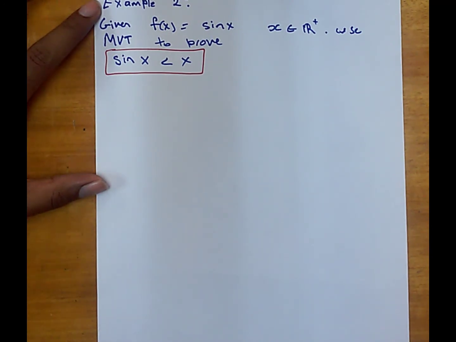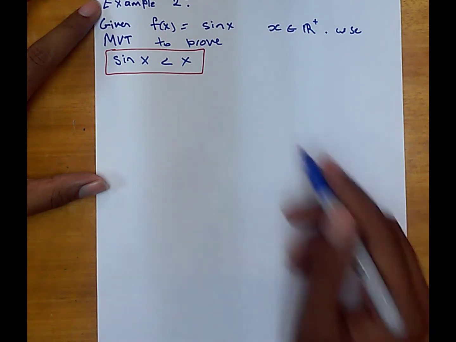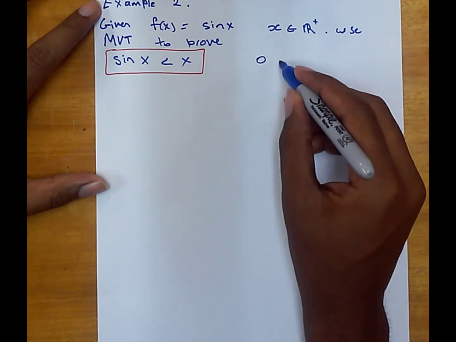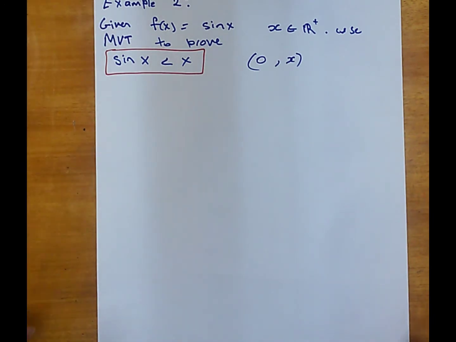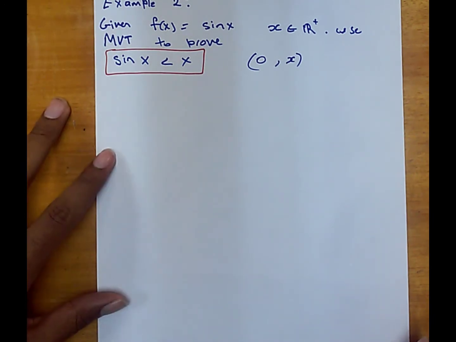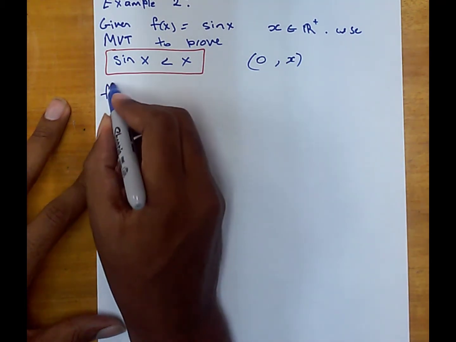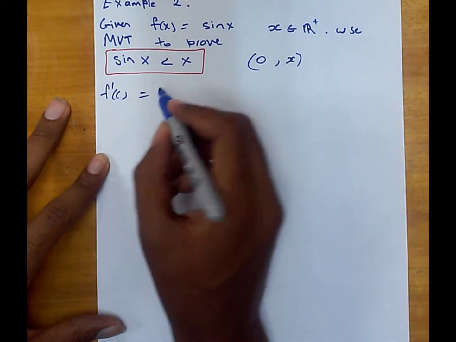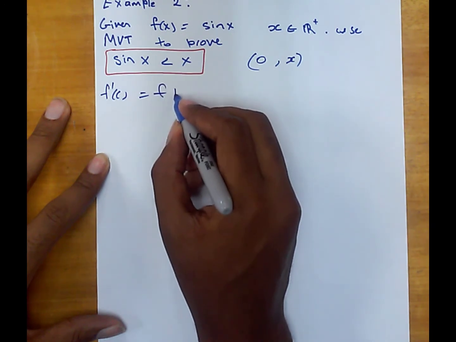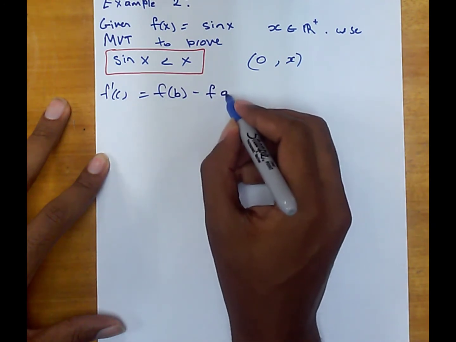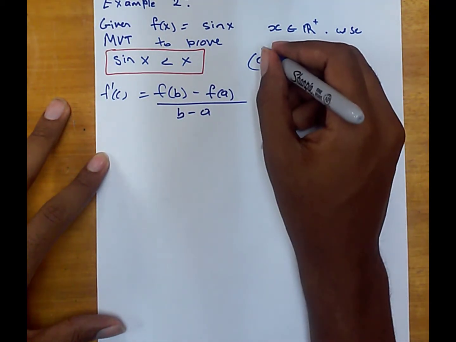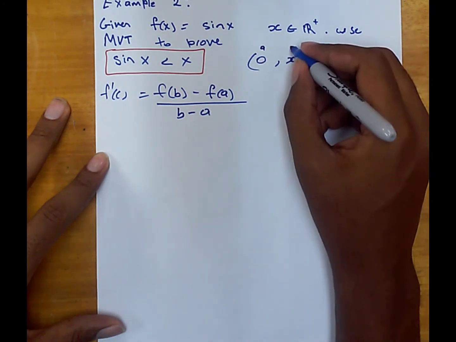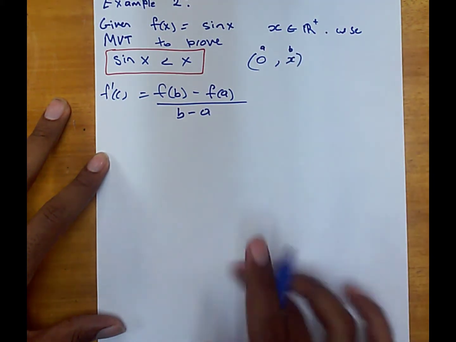Now first we want to establish our interval, and since x is in R plus, then our interval is [0, x]. Now, by definition, f prime of c is equal to f of b minus f of a over b minus a, where 0 is our a and x is our b.